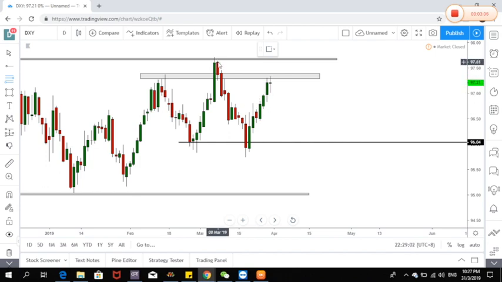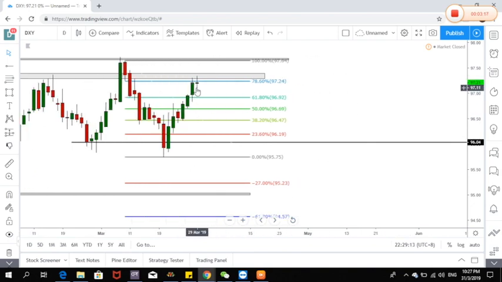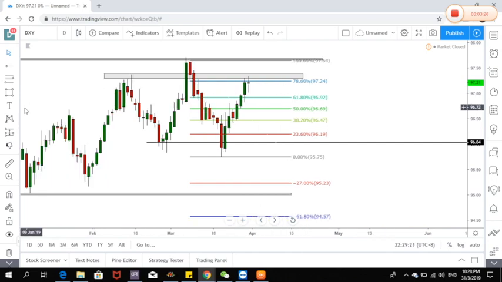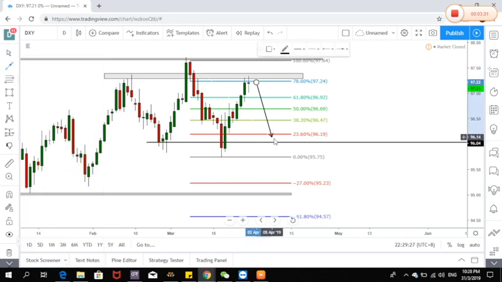What I'm going to take here is the first impulsive candle to the lowest candle, swing high to swing low. So we have fib A, fib B, and then this is fib C. On the daily time frame, price closed below the 78.6, which signals that price may come to a downfall.